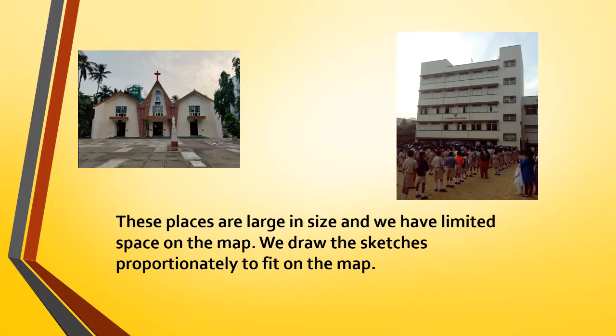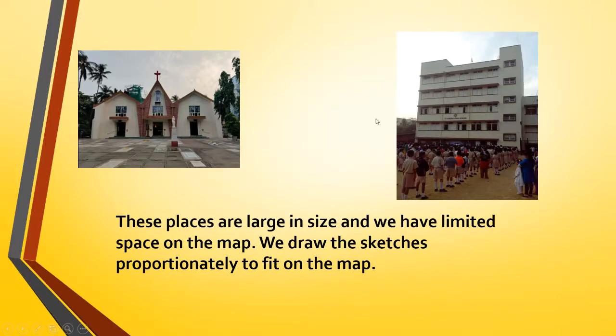This church also is very broad. But the cartographer will use limited space on the map. So these places are large in size and we have limited space on the map. We draw the sketches proportionately to fit on the map.